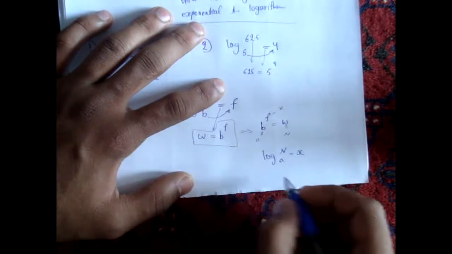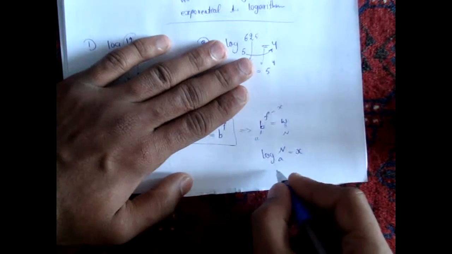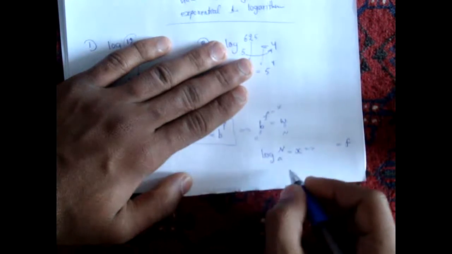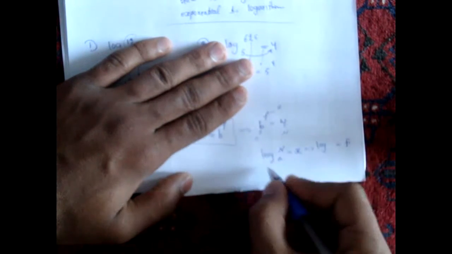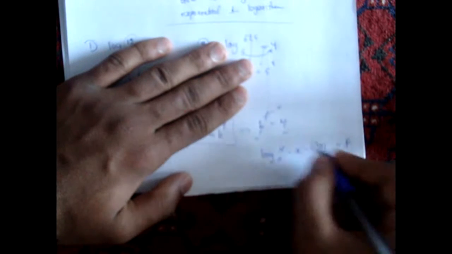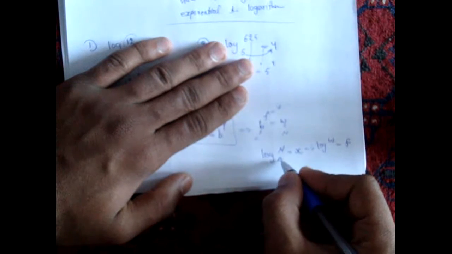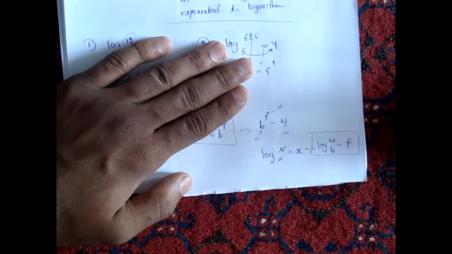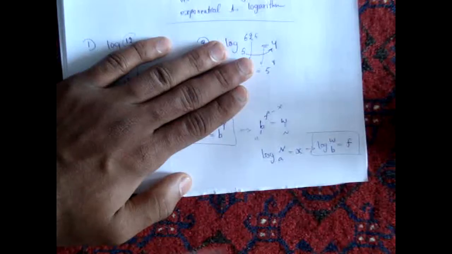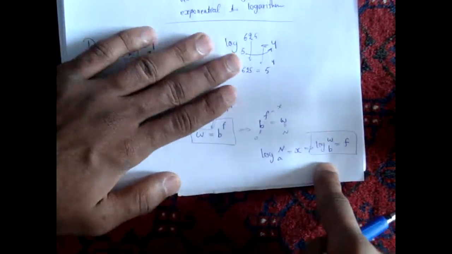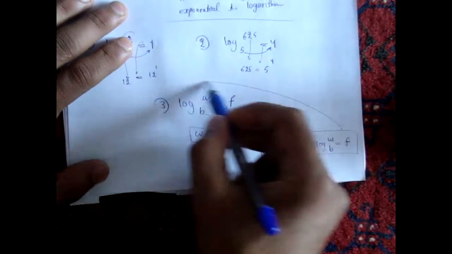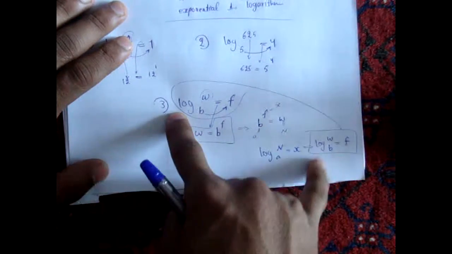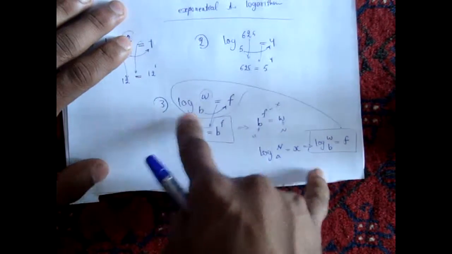What is x? X is f. Logarithm, what is n? N is w. And what is a? A is b. So I changed back the exponential form back to the logarithmic form. So if we compare our answers, they are the same. This is the same as I wrote at the first.